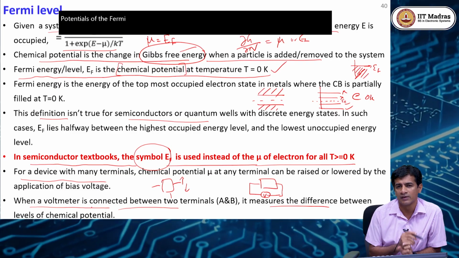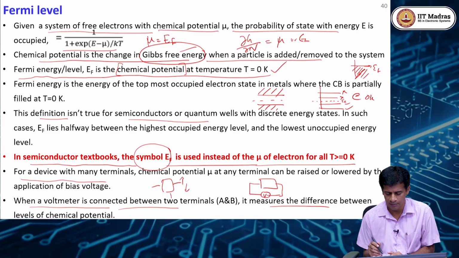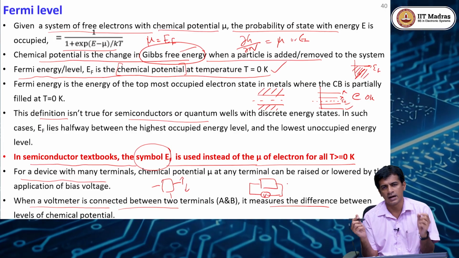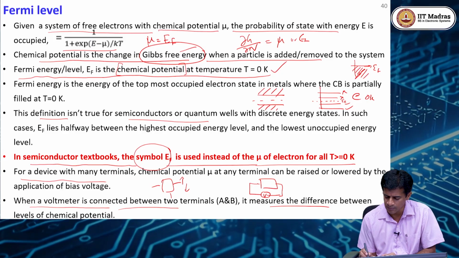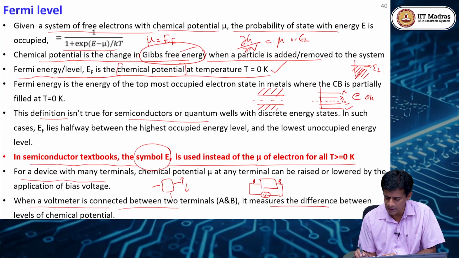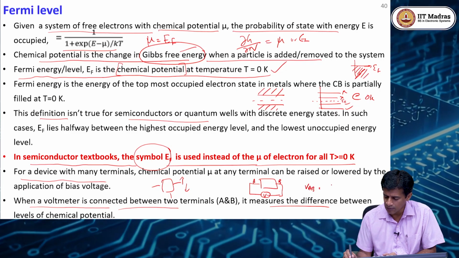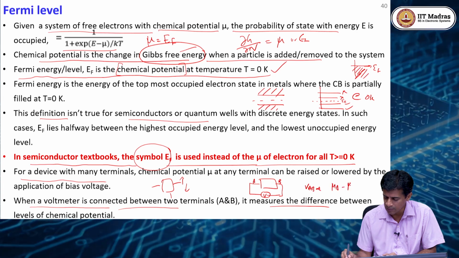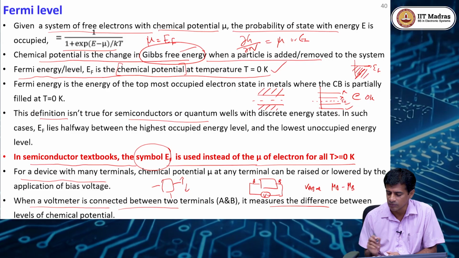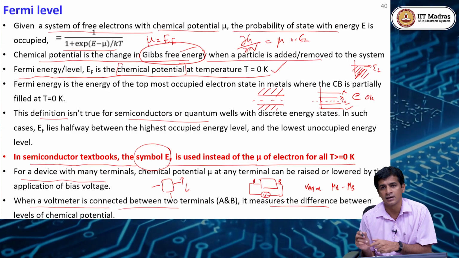Whenever we connect a voltmeter to a device, it measures the difference in the chemical potential. For example, for terminal A and terminal B, VAB is proportional to the difference between the chemical potential at A minus the chemical potential at B. That is very important, and we will use this concept later.